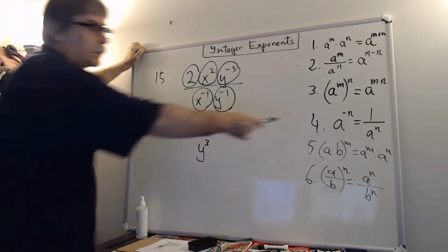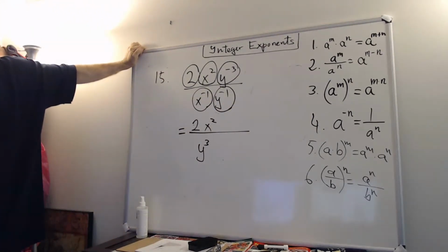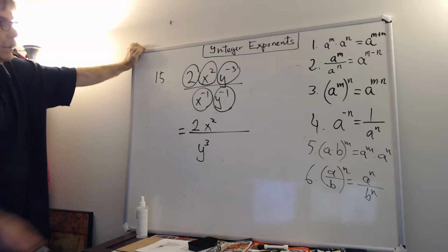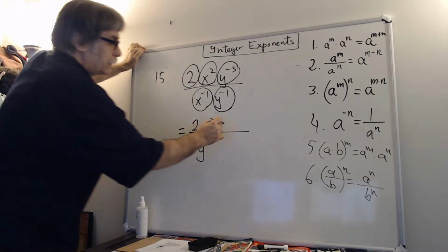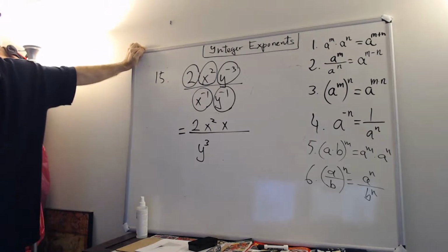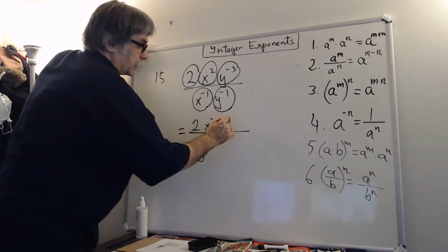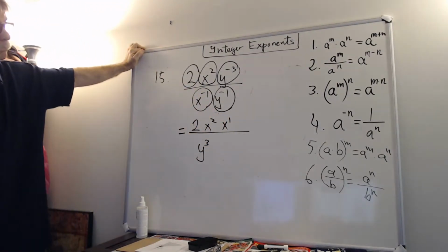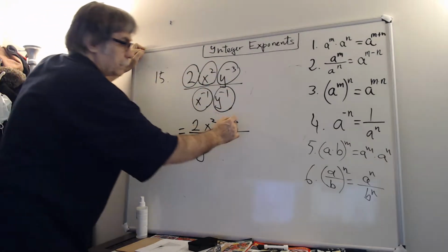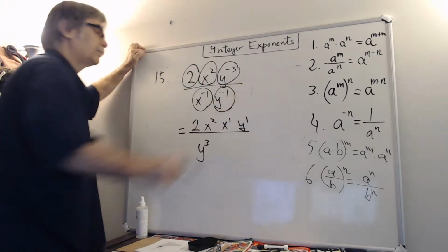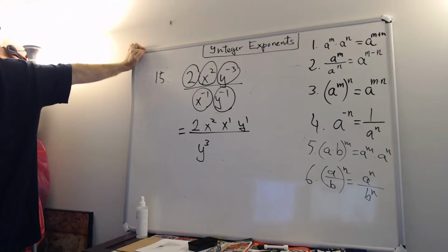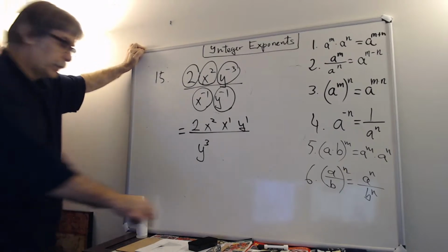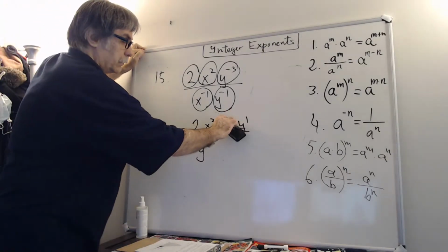I'm using the property number 4. This one upstairs is going to get 1 here, but you don't have to write 1. This one upstairs is also going to get 1, and you don't have to write that 1.